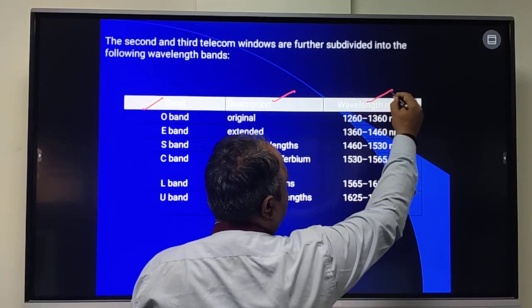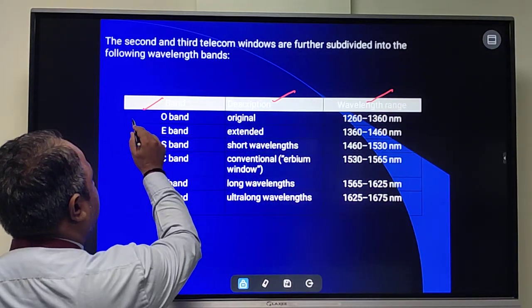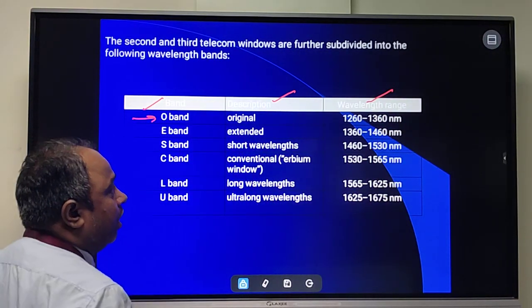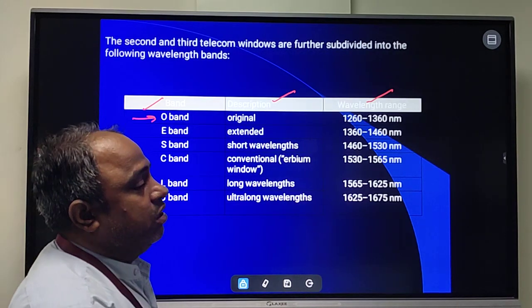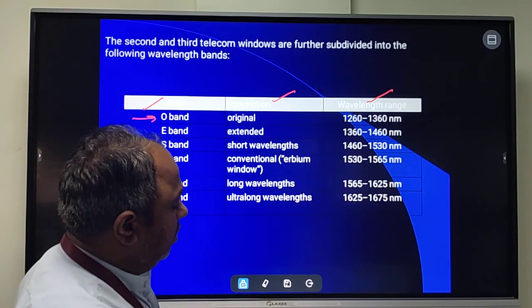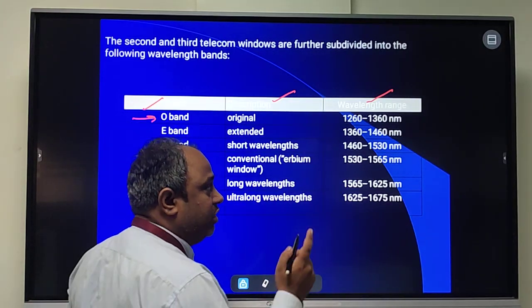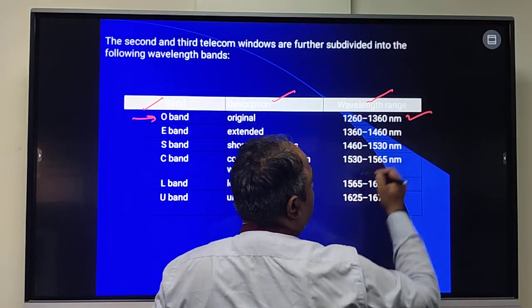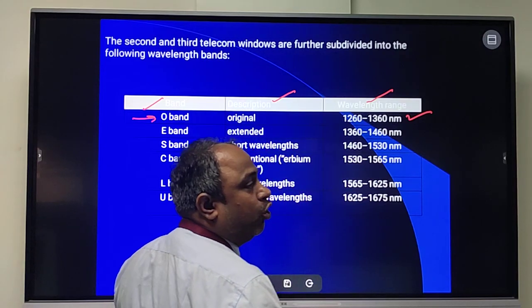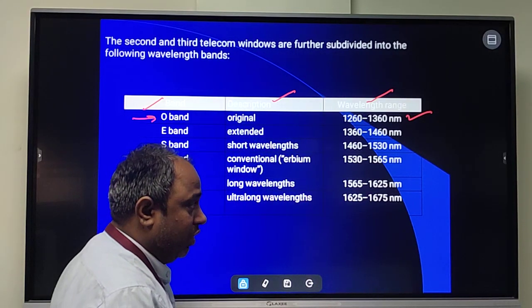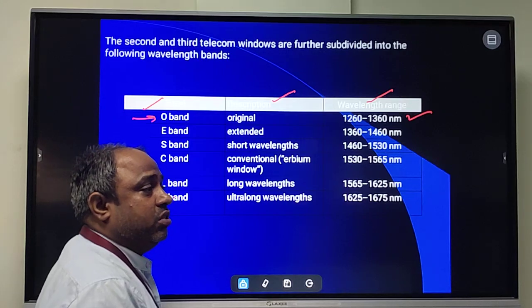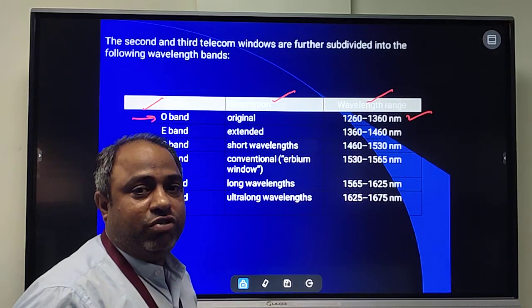Now what is the range of wavelength used? The first band for transmission is the O band, the original band, which was utilized from 1979 to the 1990s, and the wavelength at that time for the first and second generations was 1260 to 1360 nanometers. But now the advancement is very high and the bandwidth is also very high for the transmission of signals.